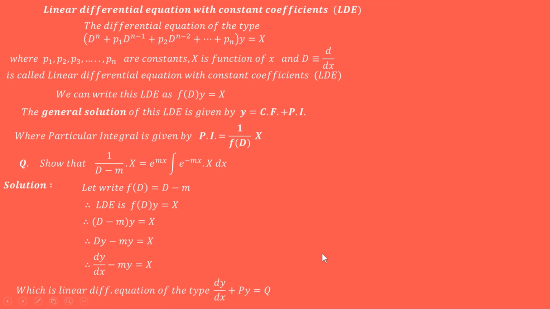Here P means -m and Q means capital X. Both are functions of x.